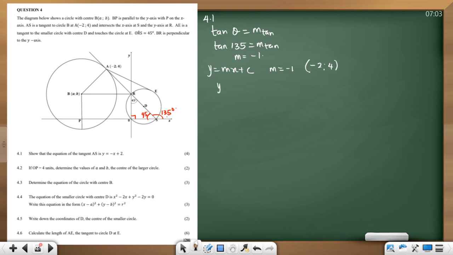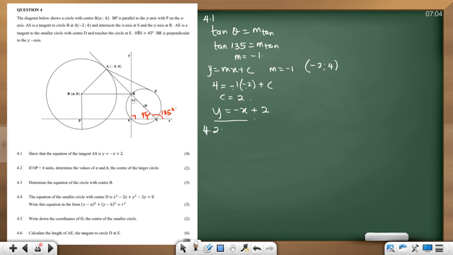Okay, so what we have, y, we know y is 4, -1 multiplied by -2. All right, this will be +2. Move it over. c should be 2. What's our equation? Gradient is -1 times x and plus 2. Great, we got it. Beautiful. Interesting.